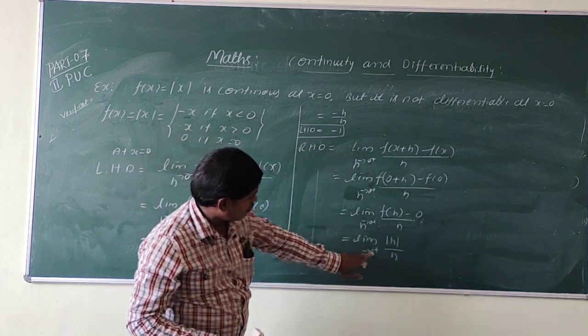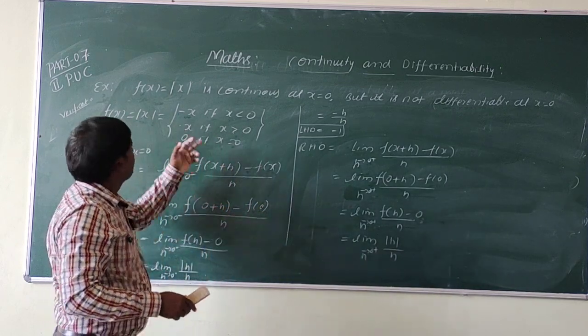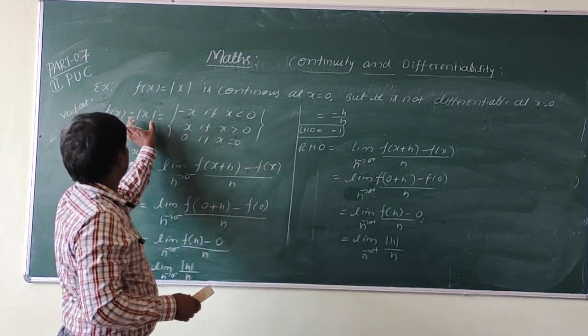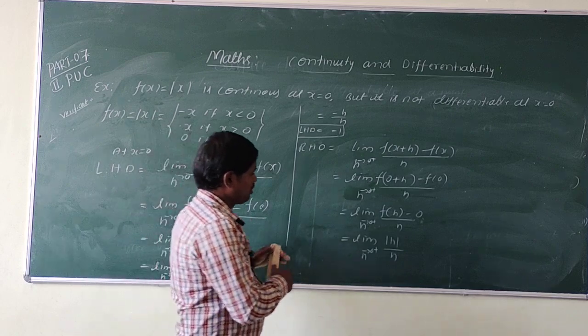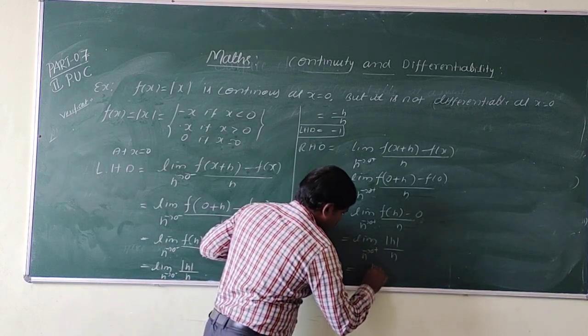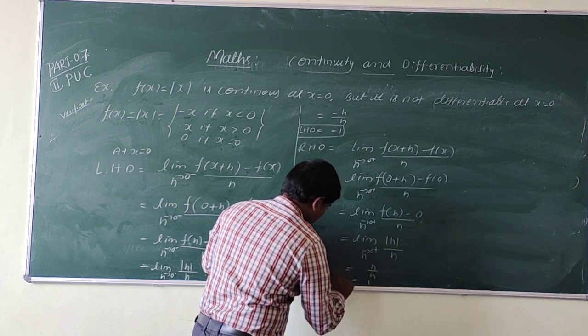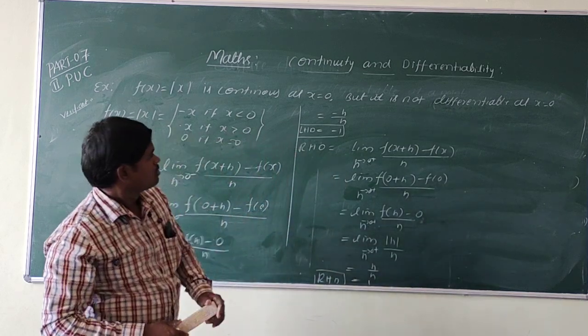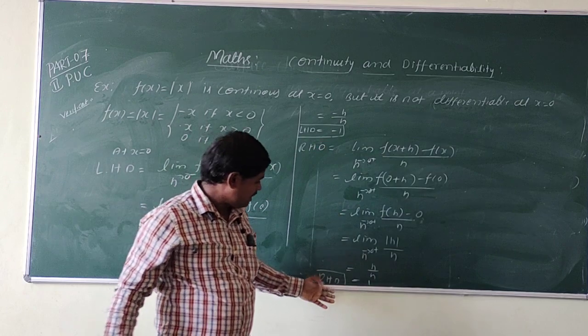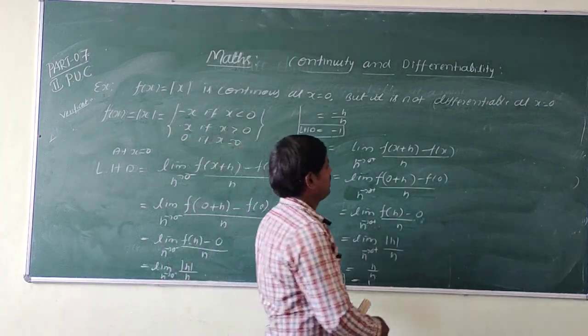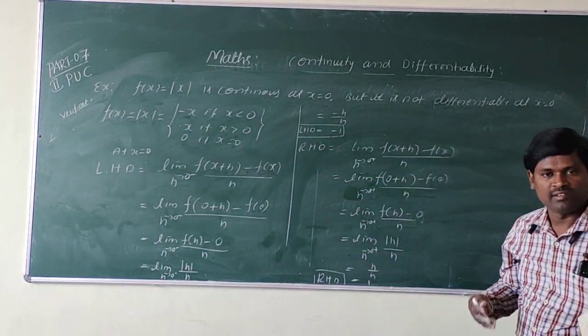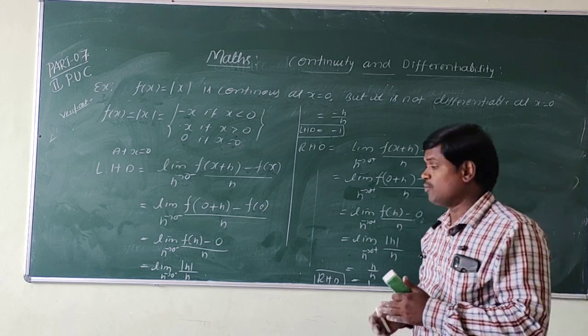h tends to 0 plus means h is greater than 0, so mod h is taken as h. Therefore h by h, which is the right hand derivative. So here the left hand derivative is minus 1 and the right hand derivative is plus 1. Both exist, but they are not equal.